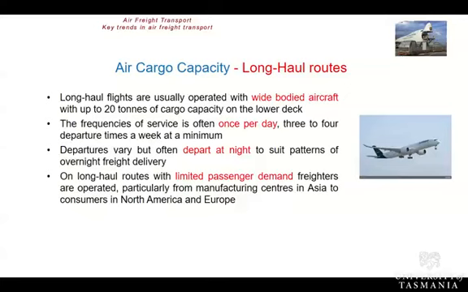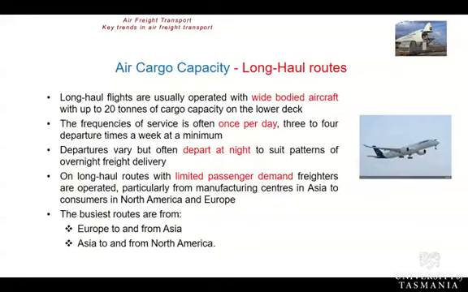And if you remember when we looked at the volumes of goods carried by freighter out of Asia to North America, 75% of the flights were all cargo flights or freighter flights, and between Europe and Asia, 80% of those flights are freighters. So on long-haul destinations, limited passenger demand presents the opportunity for the freighter. So unsurprisingly, the busiest routes are Europe to Asia, Asia to Europe, and Asia to and from North America.